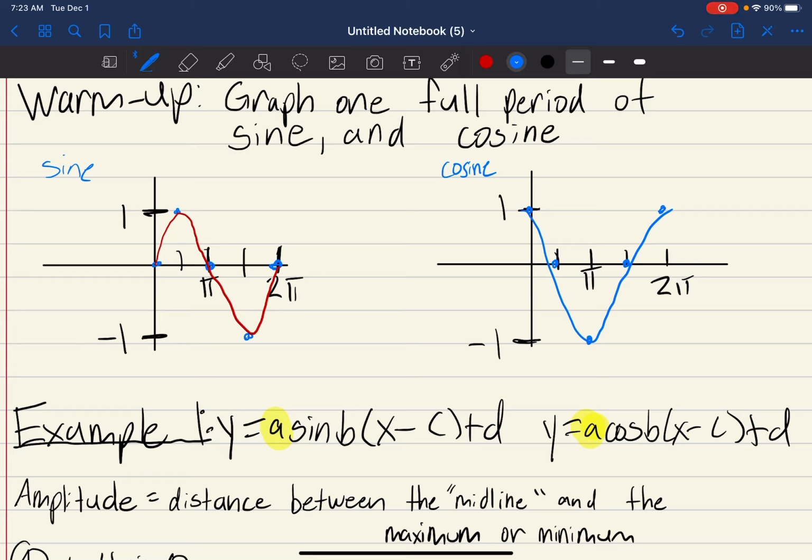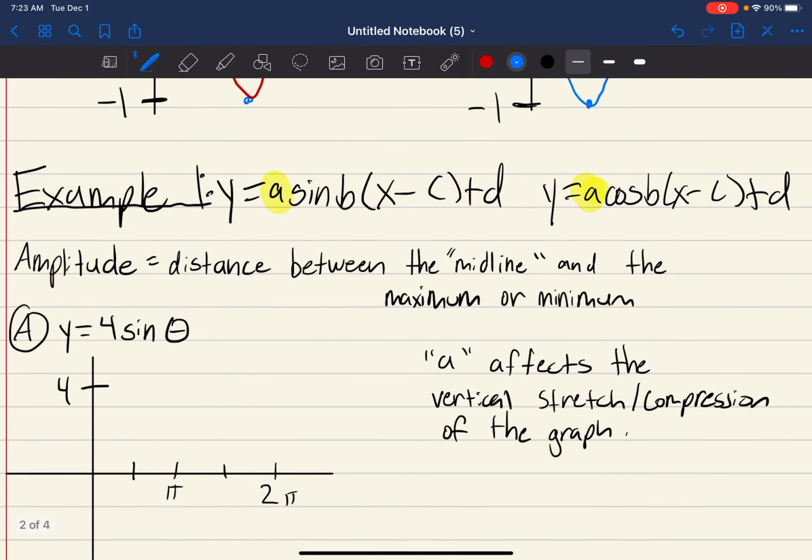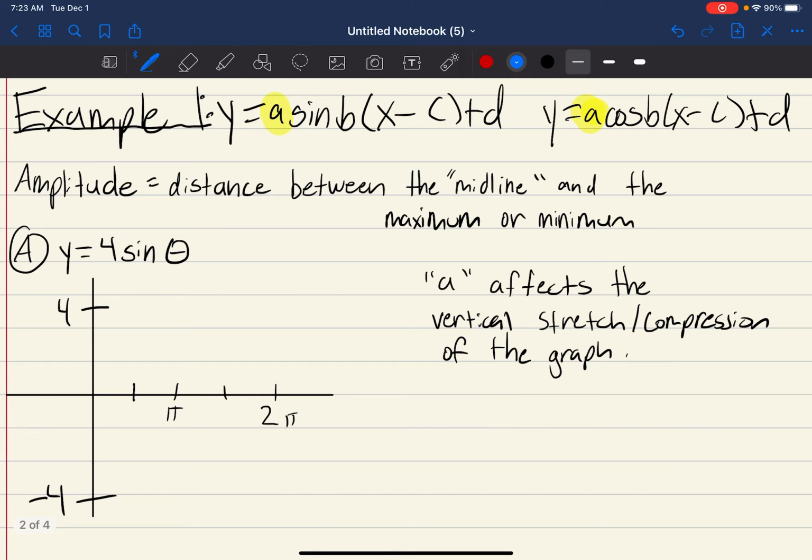And so let's read off amplitude. An amplitude is the distance between the midline and the maximum or minimum. Let's go over this example, which is y equals 4 sine theta. I want to reiterate that a, the value right here, affects the vertical stretch or compression of the graph.